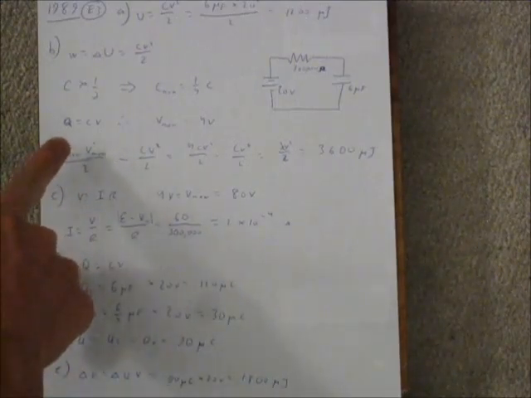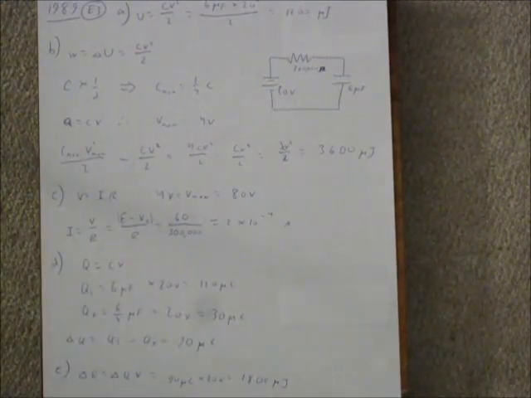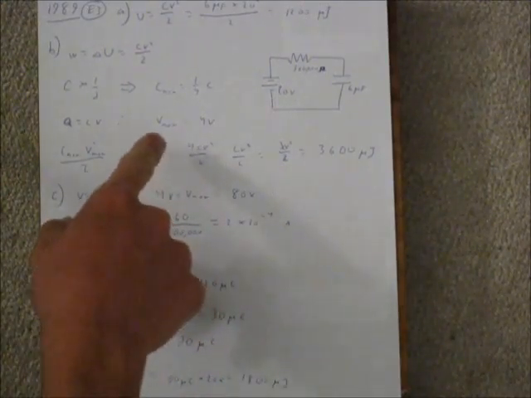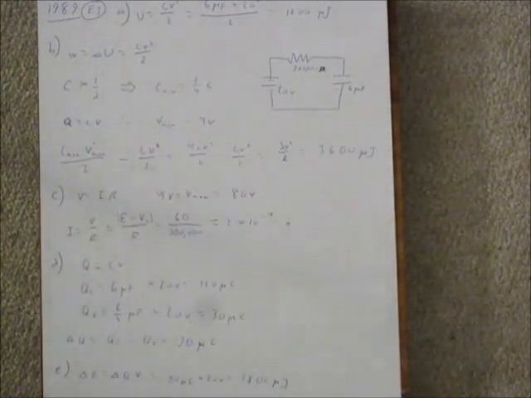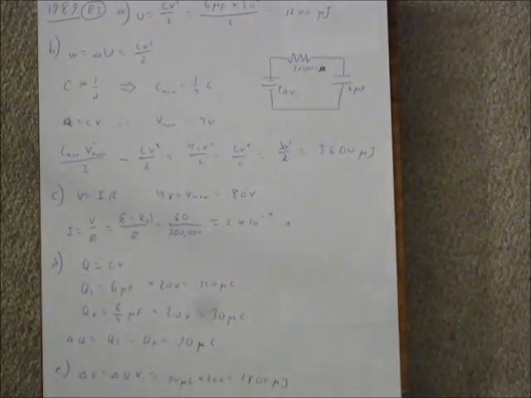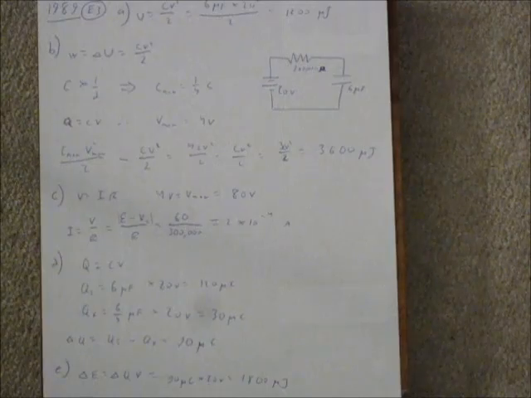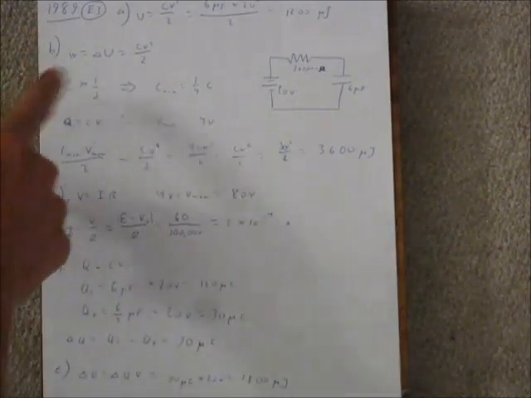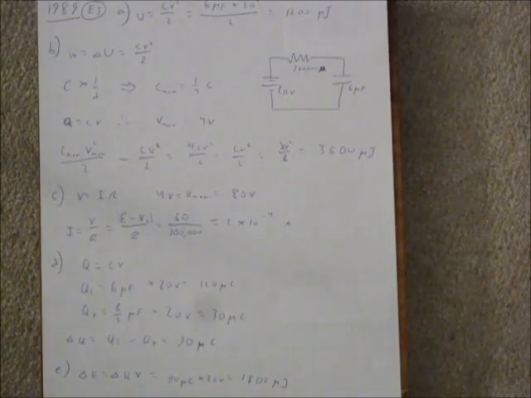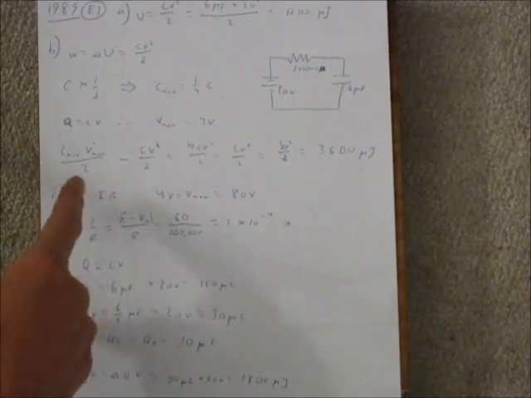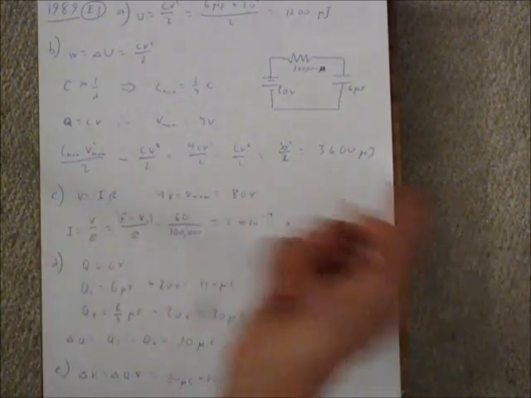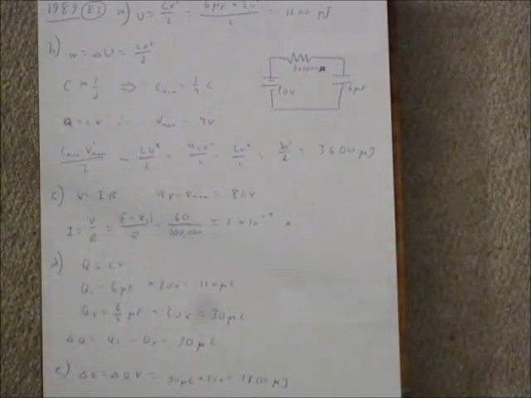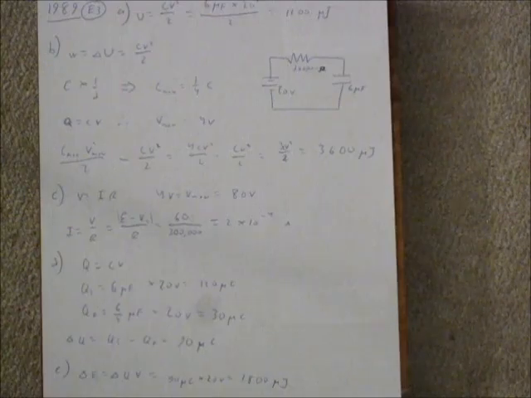But since we have this equation, the new voltage would be 4 times the original voltage. So, since we know work is equal to energy, we take the new energy and subtract the old one, and then we solve, and you should get 3600 microjoules.